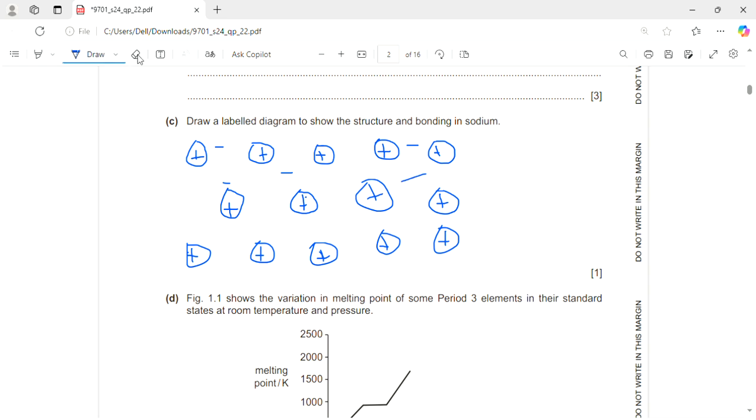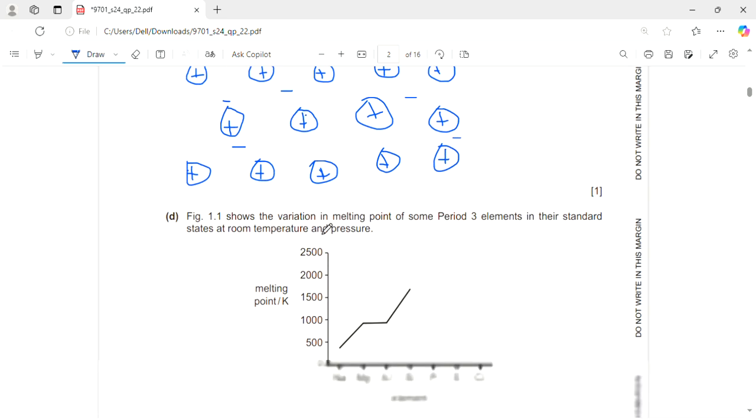This is the sea of electrons, which is negatively charged between the positive charges.